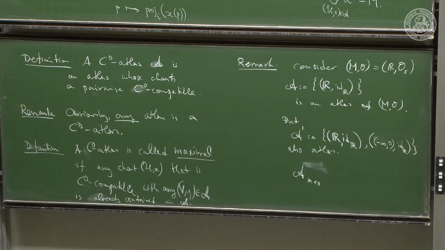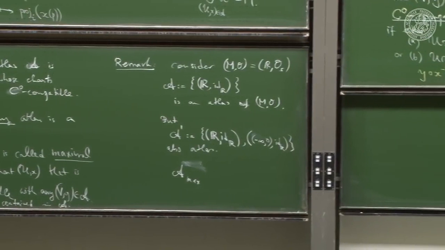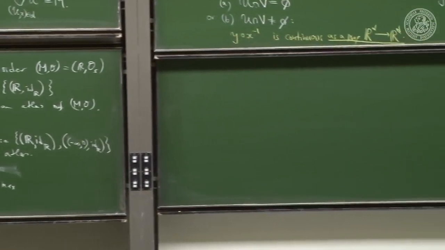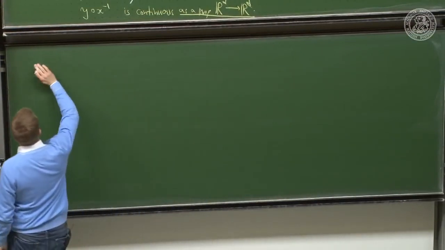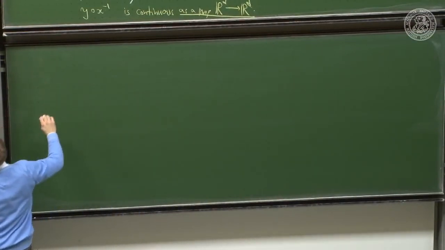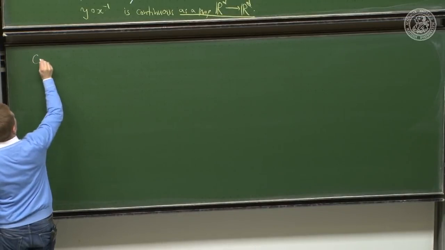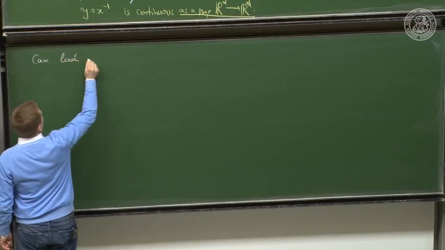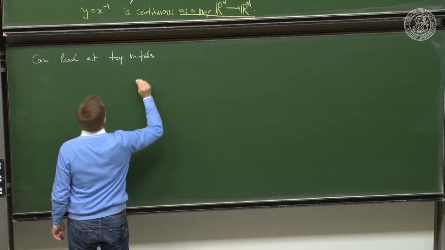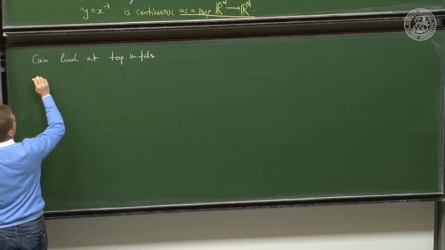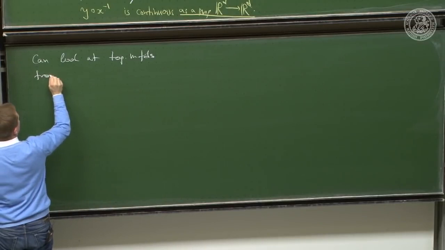Okay, now we have all this terminology. The big question is, what is this all about? Well, the answer is, we can look at topological manifolds from 2 points of view.